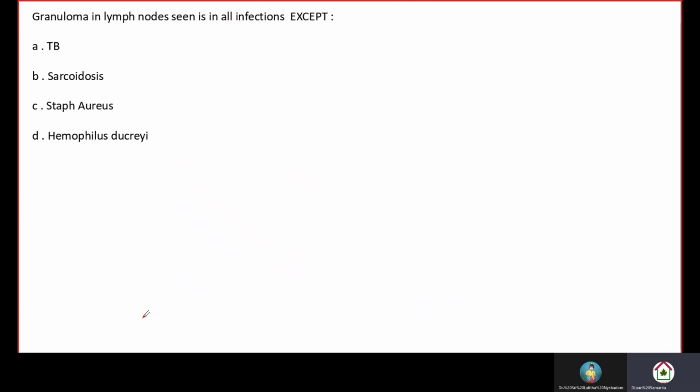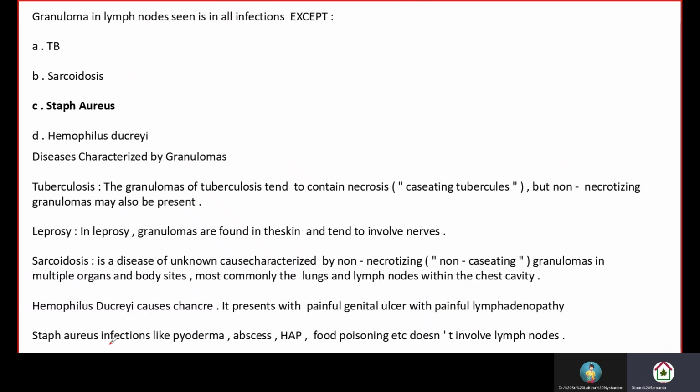Next question. Granuloma in lymph nodes is seen in all of the infections except TB, sarcoidosis, Staphylococcus aureus, and Haemophilus ducreyi. So granuloma in lymph nodes is seen in all the infections except Staphylococcus aureus.